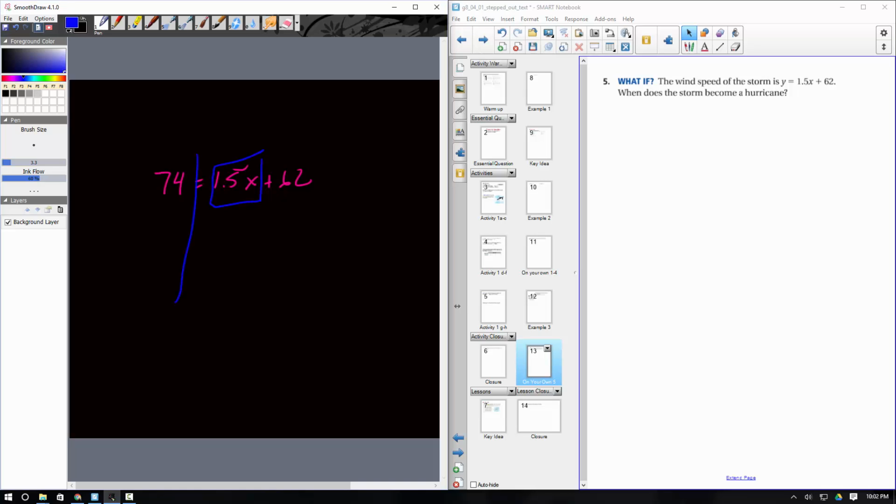So I do everything I did before, where I go through, I box a coefficient, I draw my line, I subtract 62 from this side, subtract it from this side, and now I get 12 equals 1.5 over 1x. I have to do that multiplicative inverse, which is going to be 1 over 1.5 to both sides.